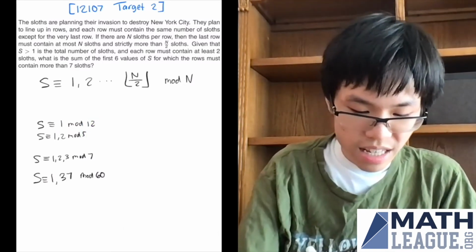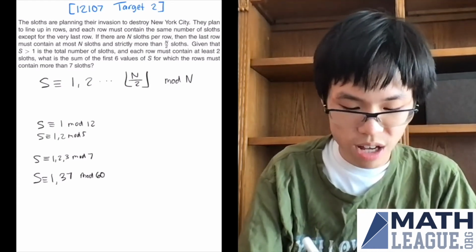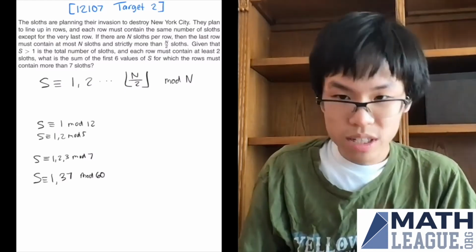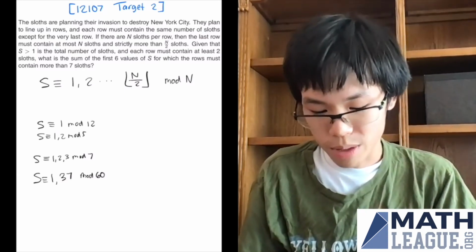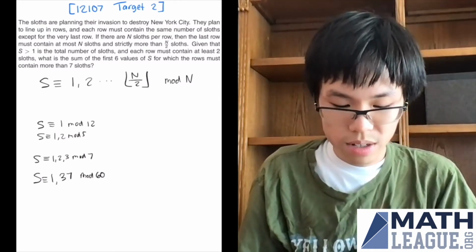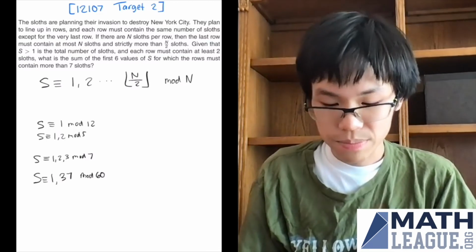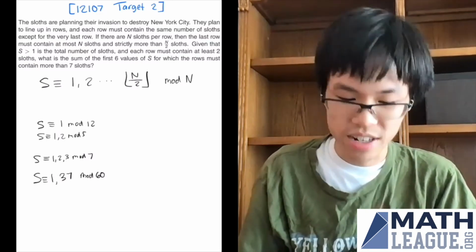If you take a value mod 12 and then a value mod 5, you're only going to get one value mod 60 that works for both of them. Hence there are only two values, 1 and 37 mod 60. And so we can make use of the Chinese remainder theorem to effectively narrow our search.